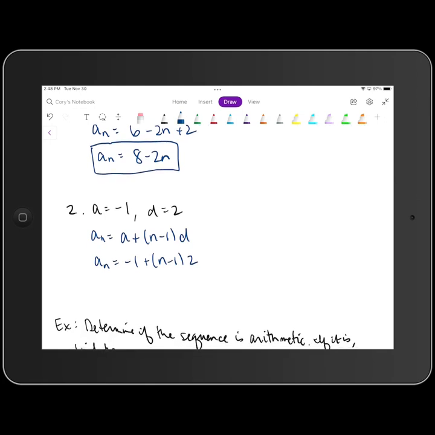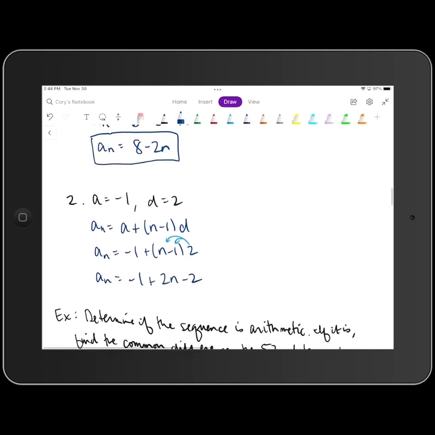So I'm going to distribute 2 across both of these terms here. So we get a sub n equal to negative 1 plus, when I distribute 2, I get 2n minus 2, which makes a sub n equal 2n minus 3.